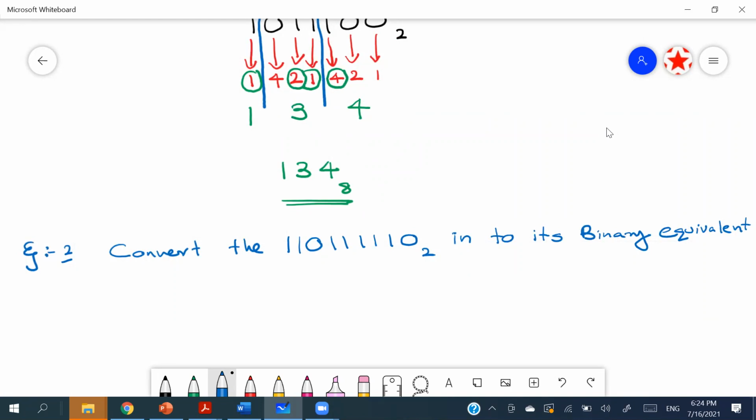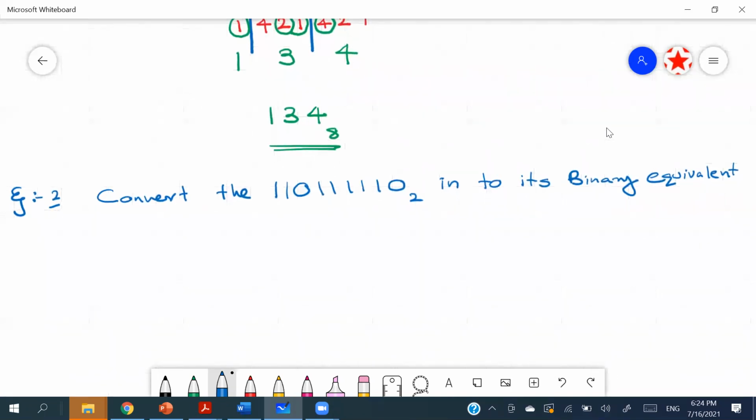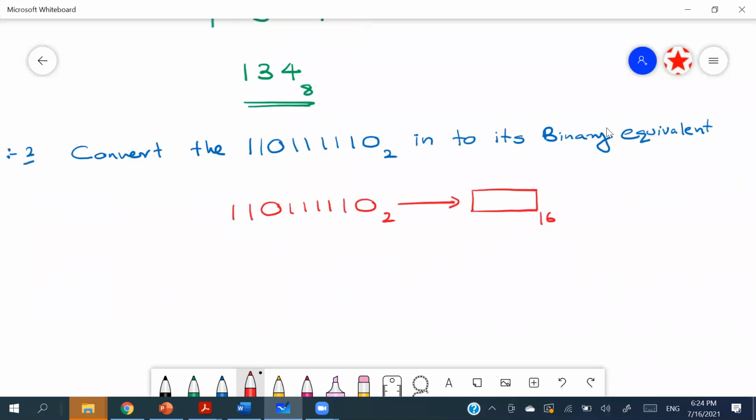So the task is simple. We know the drill now. The requirement is converting 110 111, there are 5 ones, and 0, into a hexadecimal value.